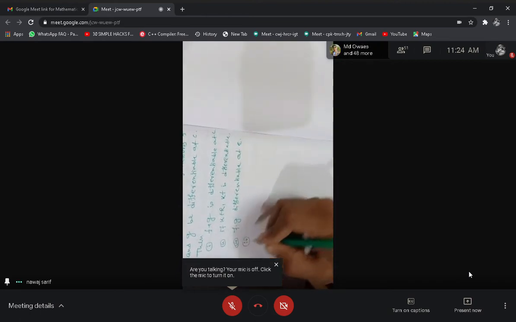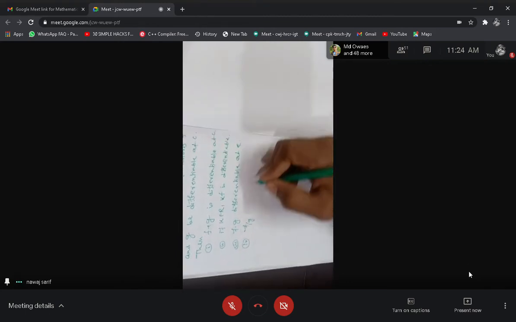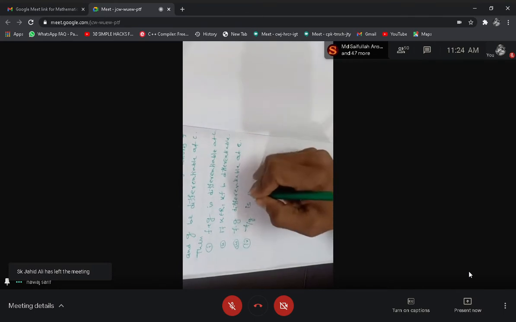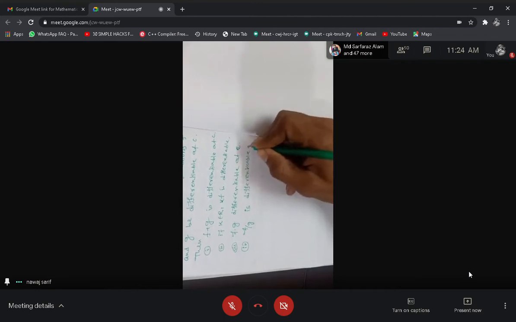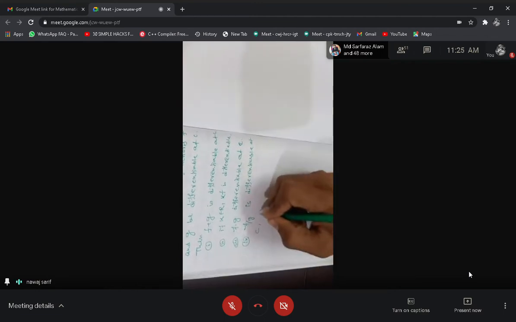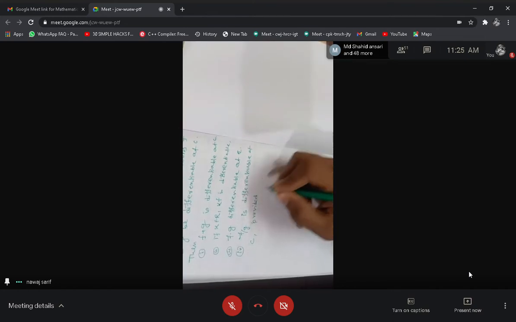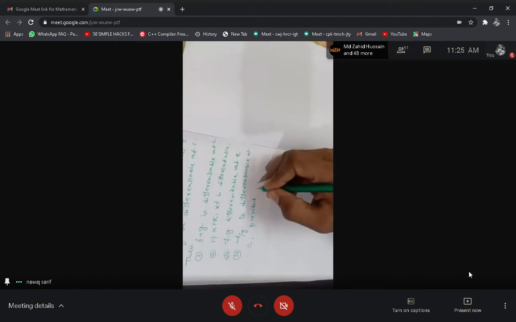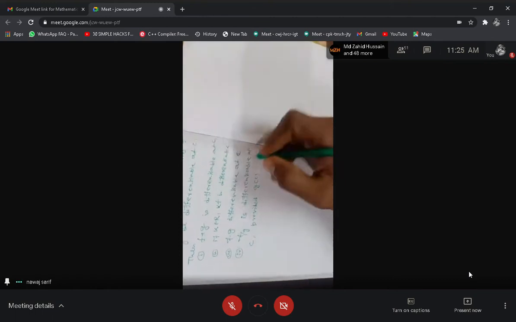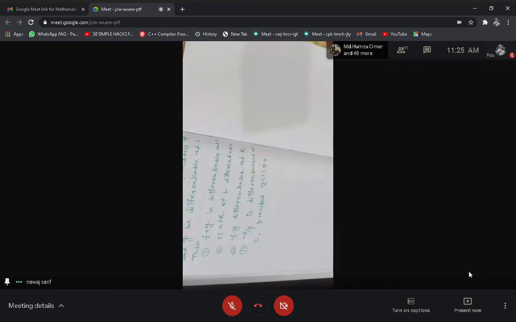Now f upon g is differentiable at c, provided, what will be the condition? g x not equal to 0, g at c, so g of c is not equal to 0. Yes. Okay.